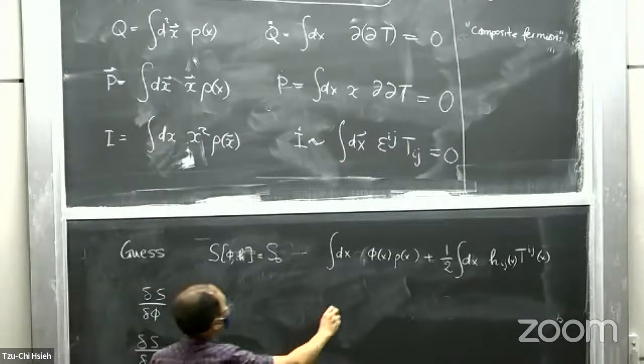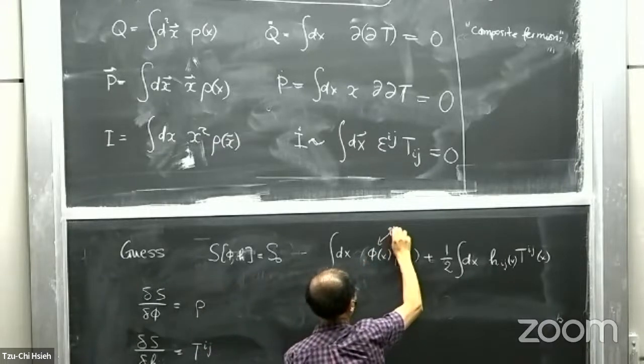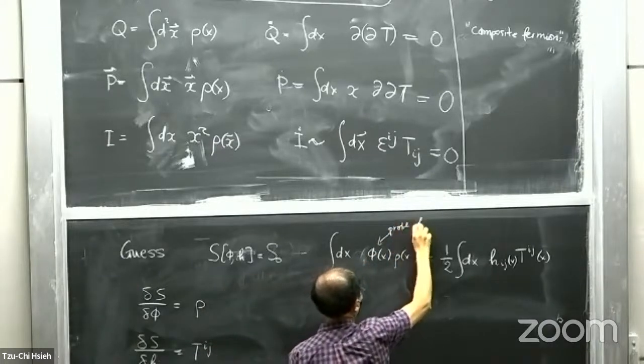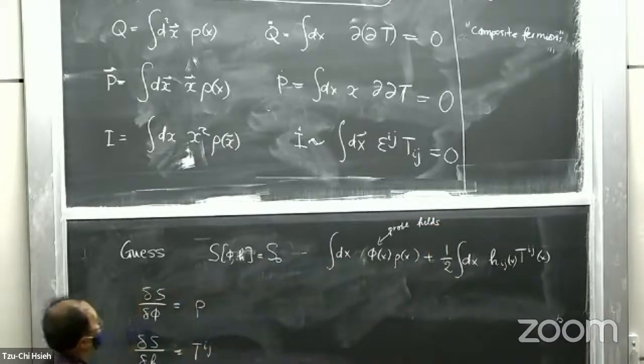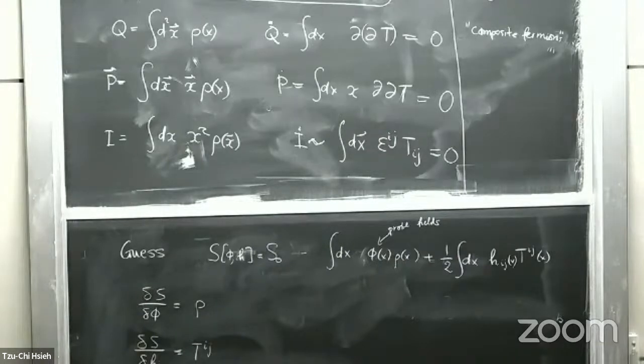These are probe fields, but they are quite physical. The thing that multiplies the density, of course, should be the scalar potential, so that's why I call it phi.